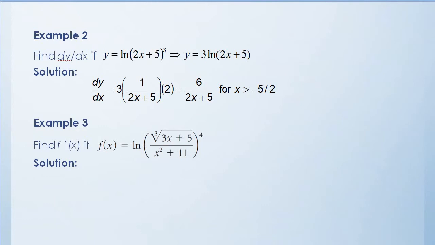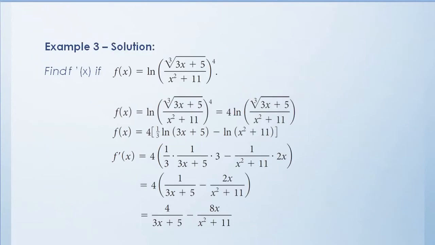And next, find f prime x if the function f(x) equals (ln of the cube root of (3x+5) divide (x squared plus 11))^4. So what we have to do is, first we try to simplify it. Since power 4, the 4 can move down, become 4 ln of the whole term.